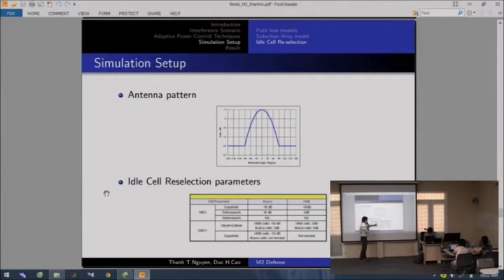So we have the Q quality, meaning Q and S intersearch. This is the value S intersearch. It means that when the received channel quality signal is smaller than this value, the femtocell starts to search for a better cell in the inter-frequency.